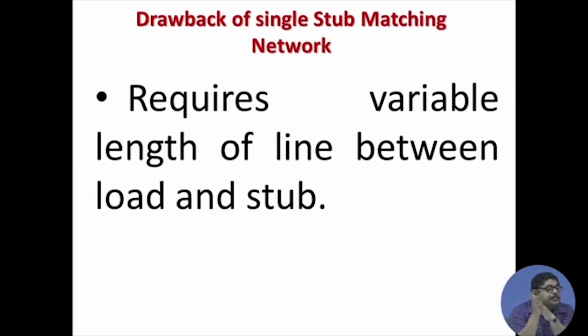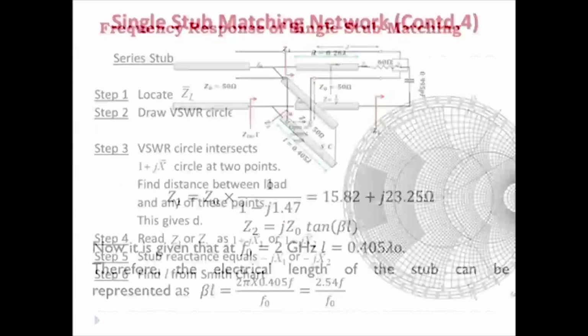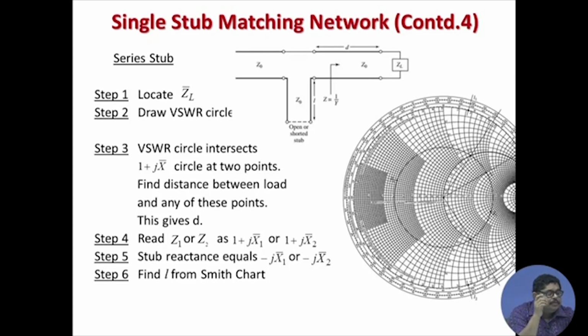Now, what is the drawback of single stub matching? You see that if the load is changed, then the stub has to be redesigned, particularly the position of the stub. That means that D will vary, because in the Smith chart, if suppose I am at this point instead of this point, then obviously my coming here will be different.